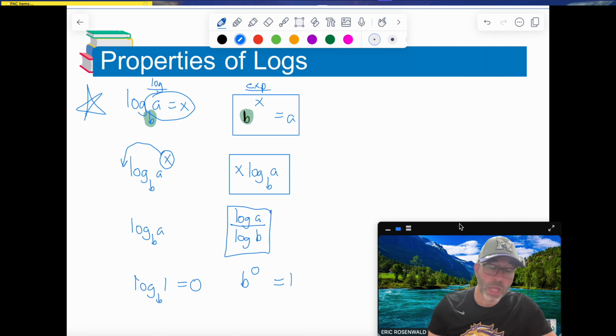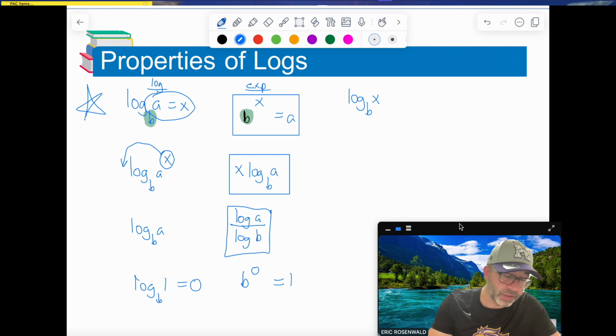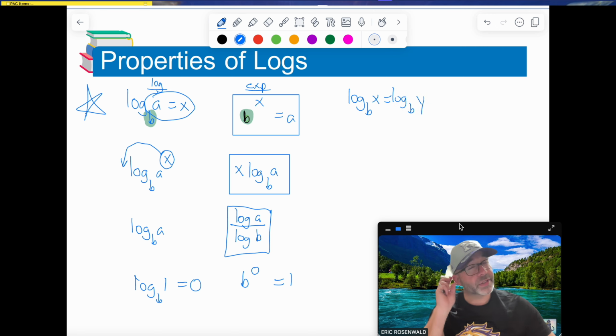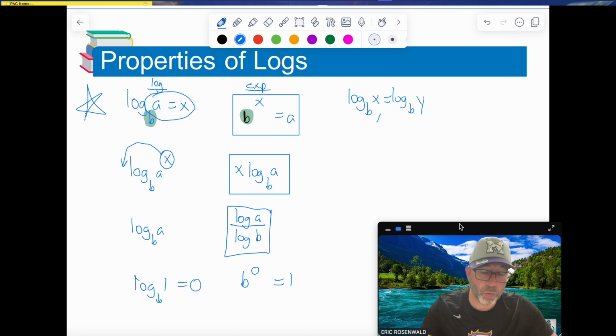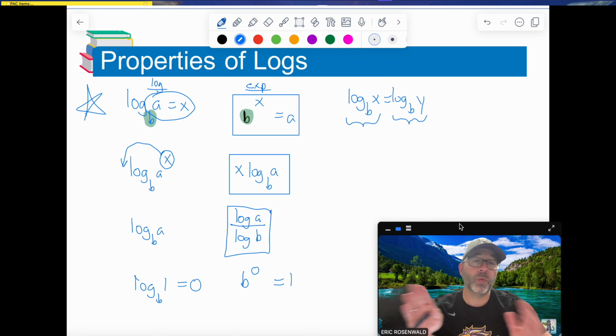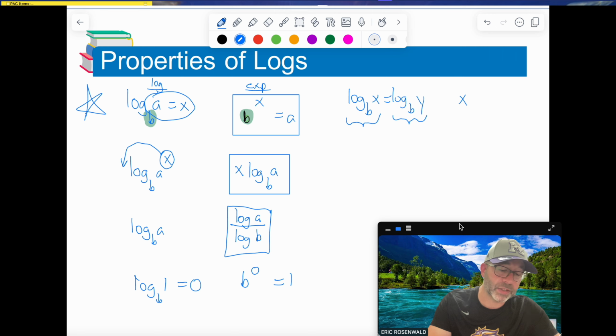All right, the next one is what we call a one-to-one property, and that's when we have log base b of x is equal to log base b of y. And what that says is that once I look at the bases being exactly the same, and I've got one term over here and one term over here, because it's a one-to-one, we can ignore everything and just focus on the fact that x should equal y.